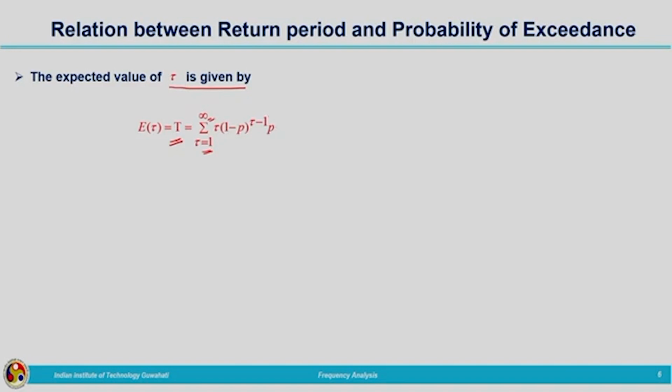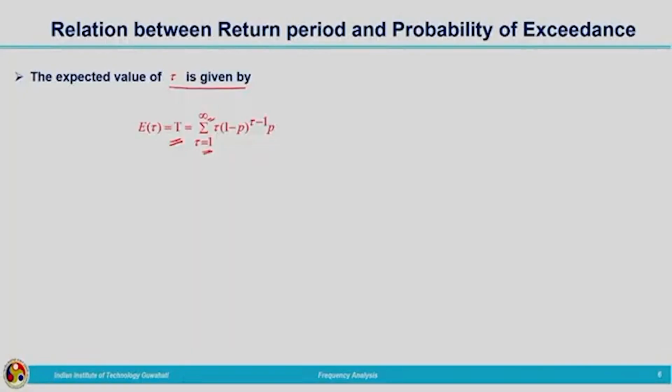The probability of occurrence of that particular return period for a duration of tau, we have calculated as 1 minus p to the power of tau minus 1 multiplied by p. Here we are considering the number of events as infinity, that is, tau takes values from 1 to infinity.